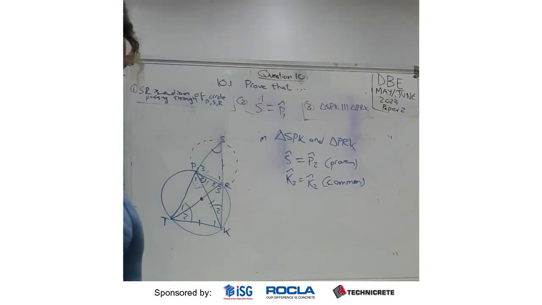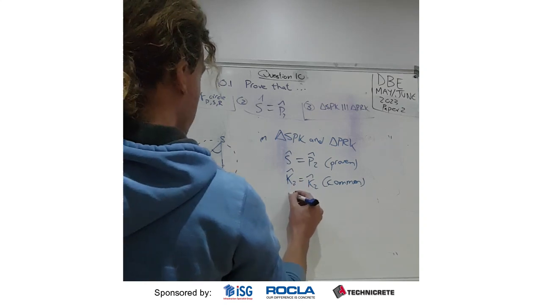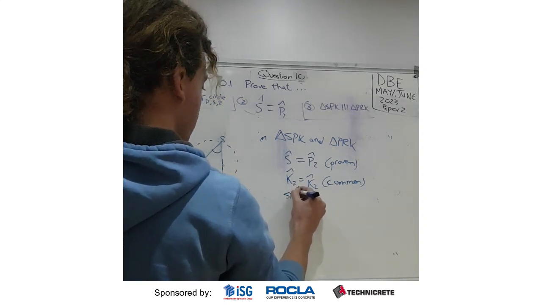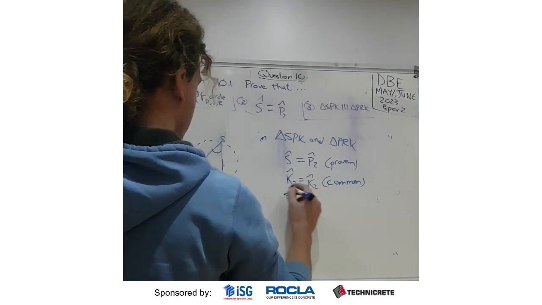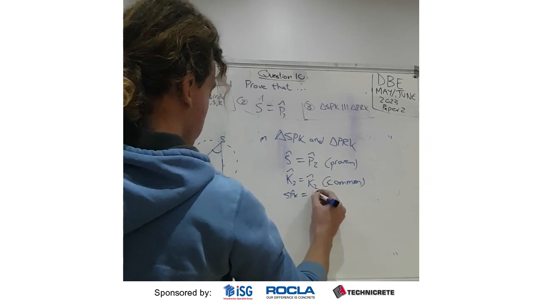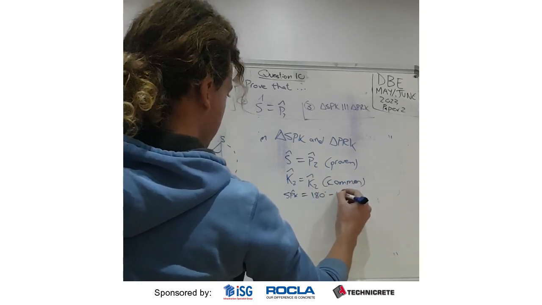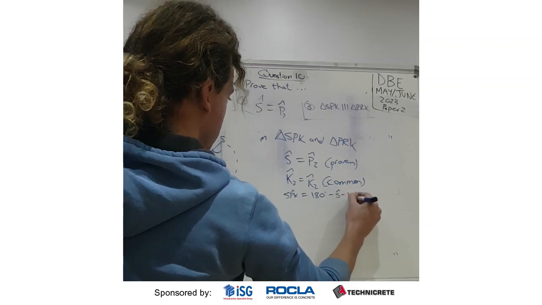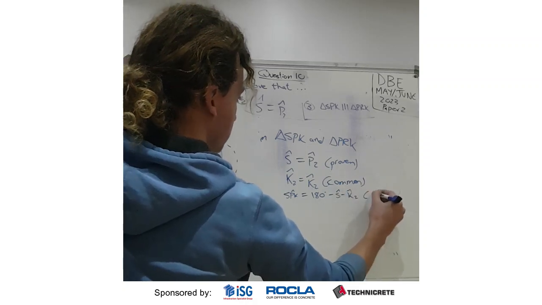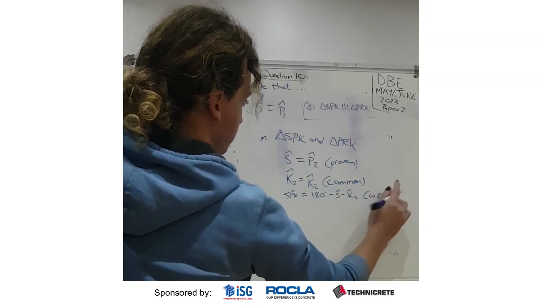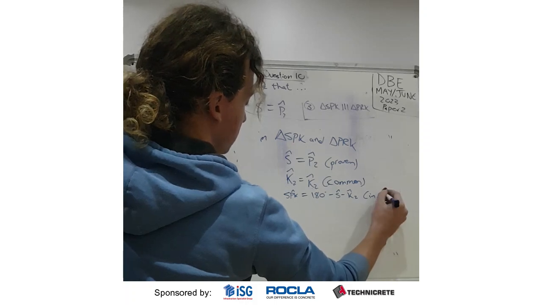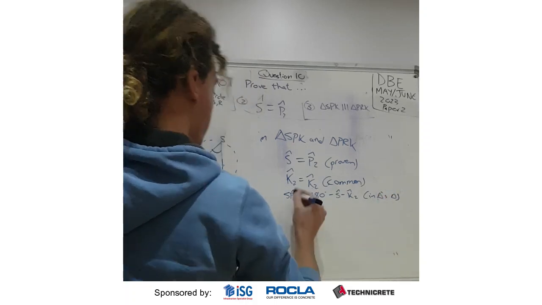Now, angle SPK should be 180 degrees minus angle S minus angle K2. That's interior angles of a triangle.